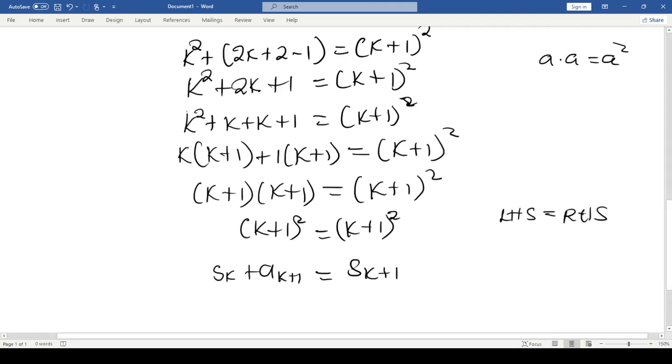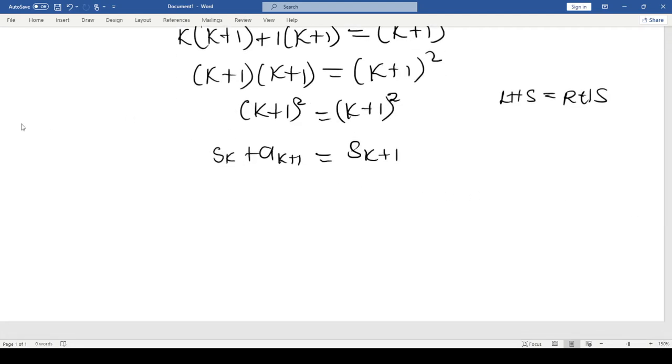So here we're going to say therefore true for n equals k plus 1.